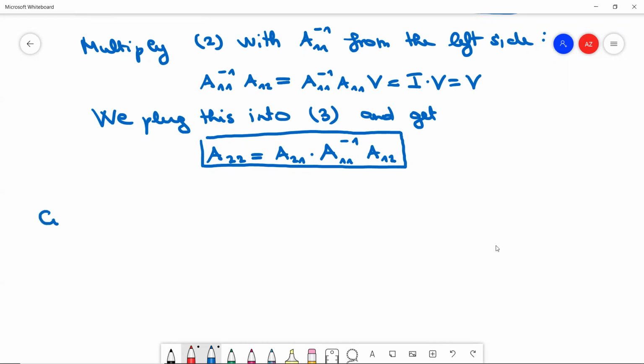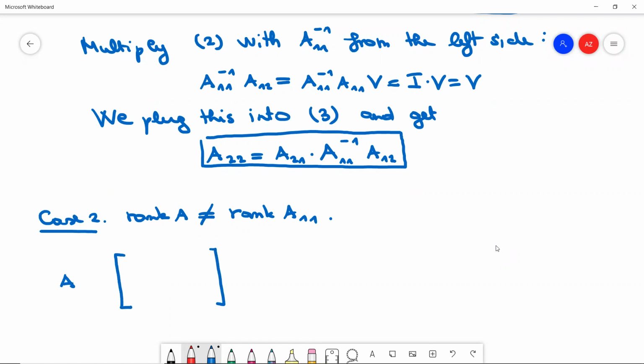And we have case 2. Rank of A is not equal to rank of A11. What to do in this case? So let's visualize the situation.